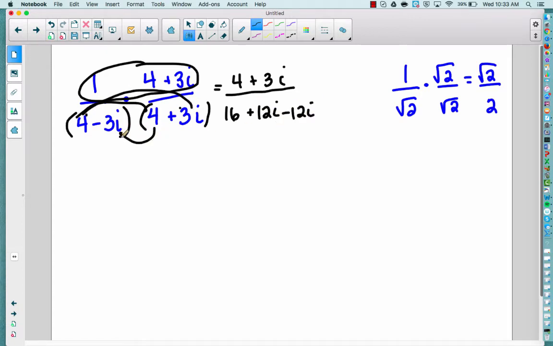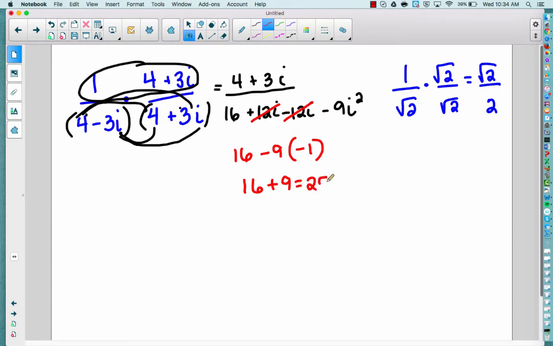And then negative 3i times positive 3i is going to give me minus 9i squared. Again, those middle terms are going to cancel because it is the difference of squares, and we get 16 minus 9i squared. We see the i squared, so we plug in -1. All right, so now we get 16 plus 9, which is 25.